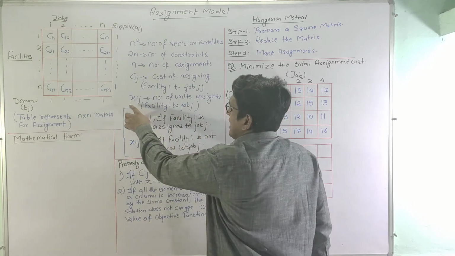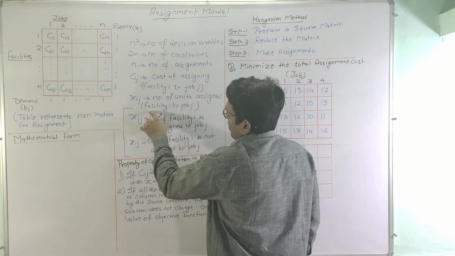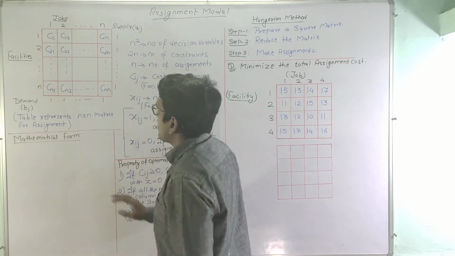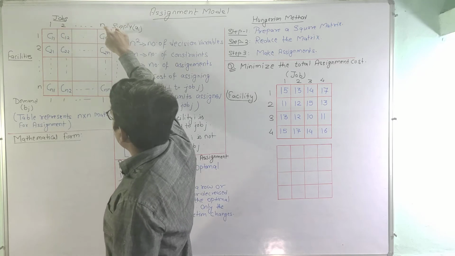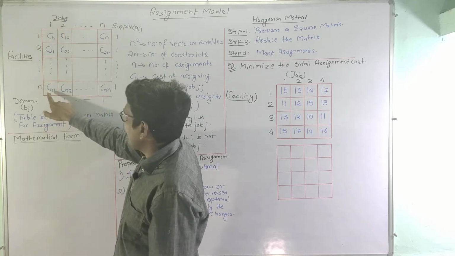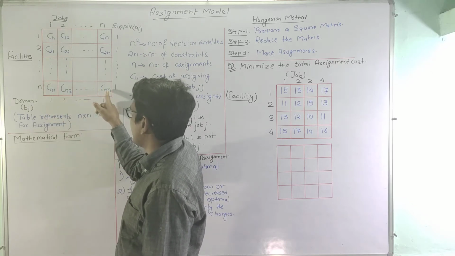Similarly, Xij is the number of units assigned of facility i to job j. So here we have x11, x12 up to x1n, similarly x21, x22 up to x2n, and xn1, xn2 up to xnn.